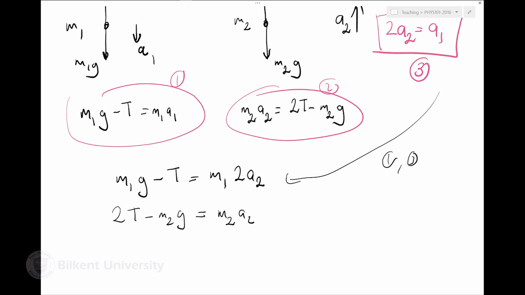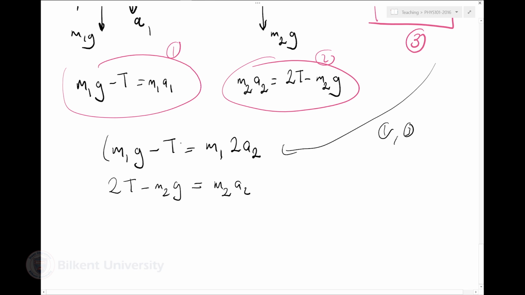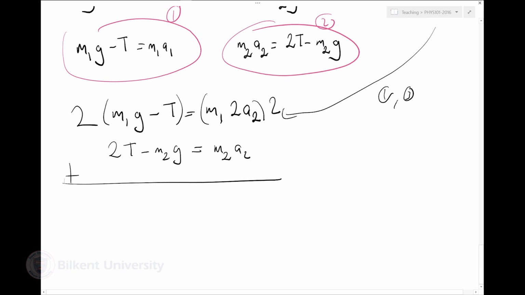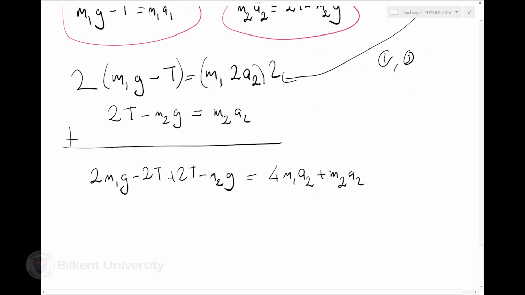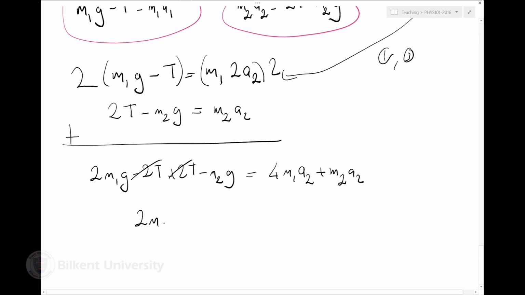What I can do is multiply the first equation by 2 and then add these up. Here is what I'll get: 2M1G minus 2T plus 2T minus M2G is 4M1A2 plus M2A2. T is cancelled. Here, (2M1 minus M2)G is (4M1 plus M2)A2.